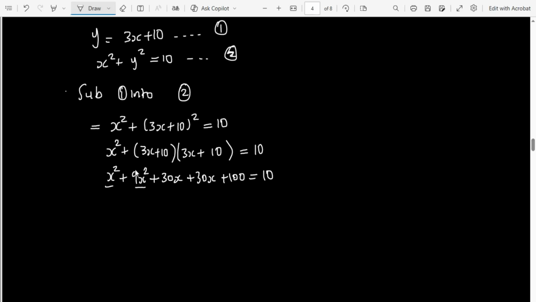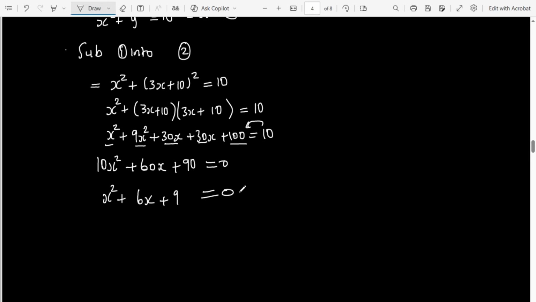Then these are the like terms, which I'm going to add to get 10x squared. These are also like terms, which give us plus 60x. I have 100, and the 10 comes this side to be negative 10, which gives plus 90, equal to 0. Can we divide everything by 10? Yes. So this gives x squared plus 6x plus 9 equals 0.